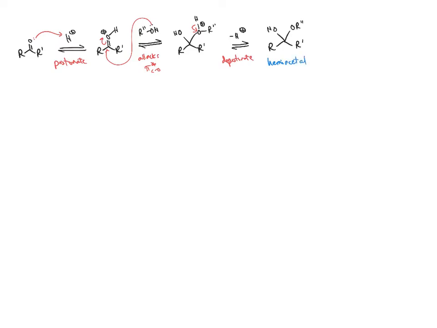Now this hemiacetal is unstable, and so what we can do is undergo a protonation. Now we could protonate either of the two oxygen atoms. If we protonate the oxygen atom that formerly comes from the alcohol, we're just going to go in the reverse direction.